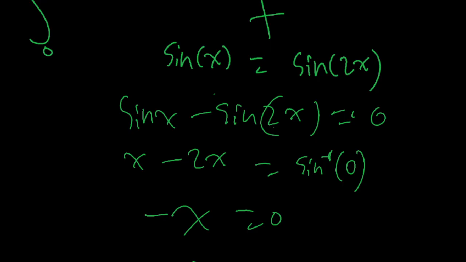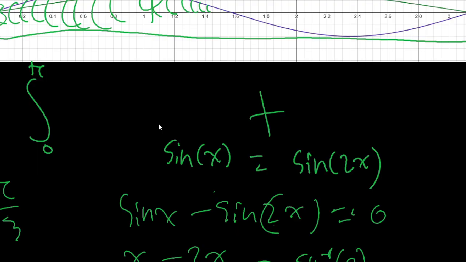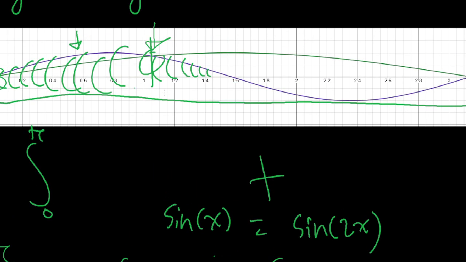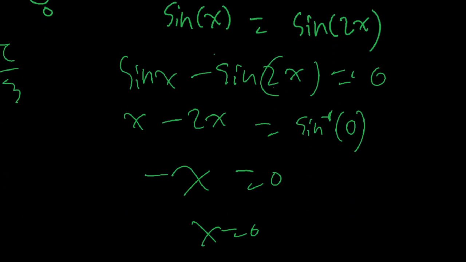But if it does have to happen, you could use your graphing calculator and just find the point where they equal each other, which would be at pi over 3. So pi over 3 is going to be the point where these two change, and that is where we're going to switch the integral from sine of 2x being on top to sine of x being on top.